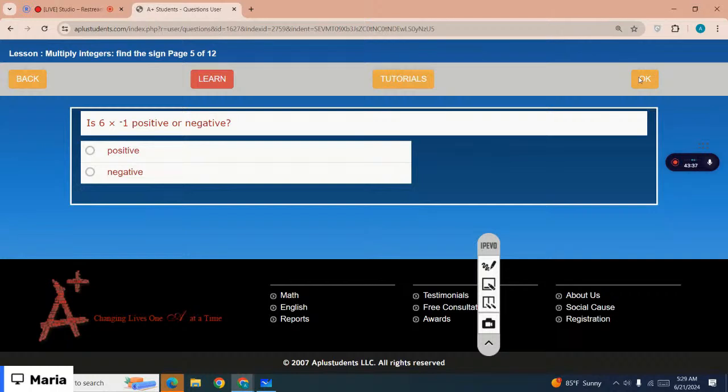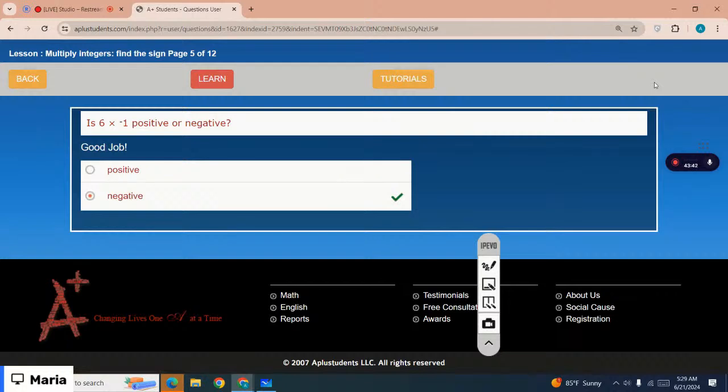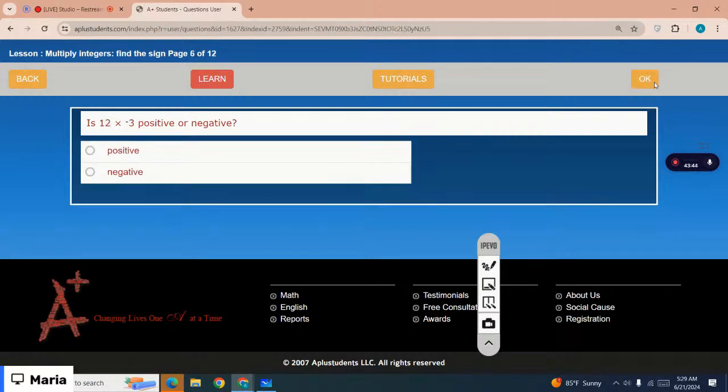The correct option is negative. Is 12 times negative 3 positive or negative?